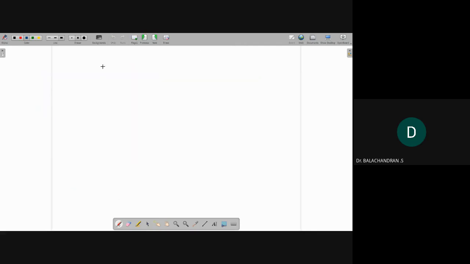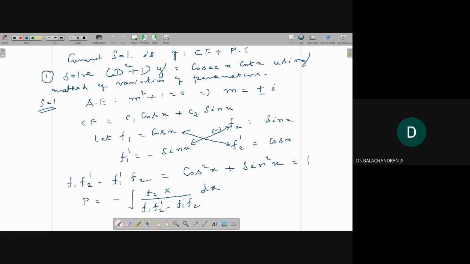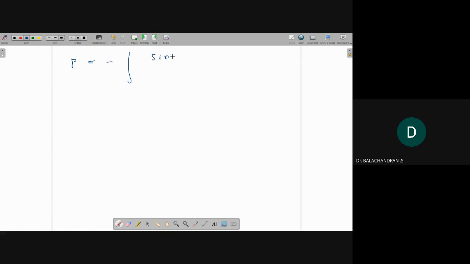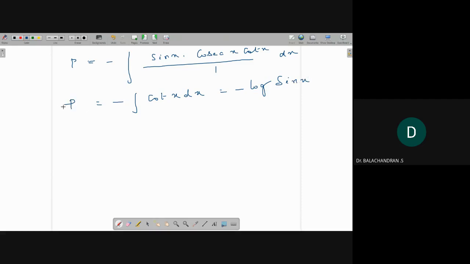So P equal to minus integral of sin x into cosecant x into cot x, denominator 1, into dx. So cosecant x and sin x get cancelled. So we have integration of minus cot x dx. Integration of cot x is log of sin x. So this is P.